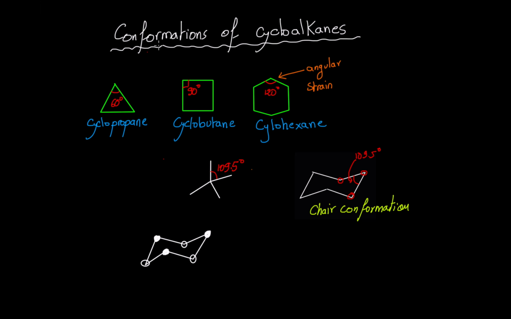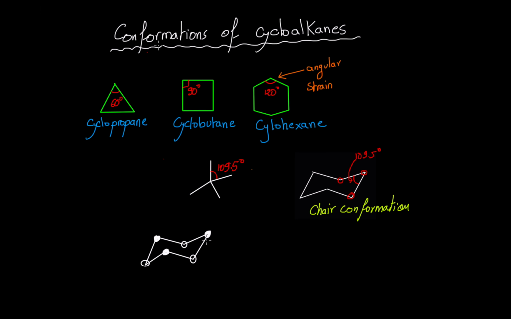Why is it important to determine the up carbons and the down carbons? This would help us to determine the direction of the bonds. For the bonds, we have two types: axial and equatorial bonds.